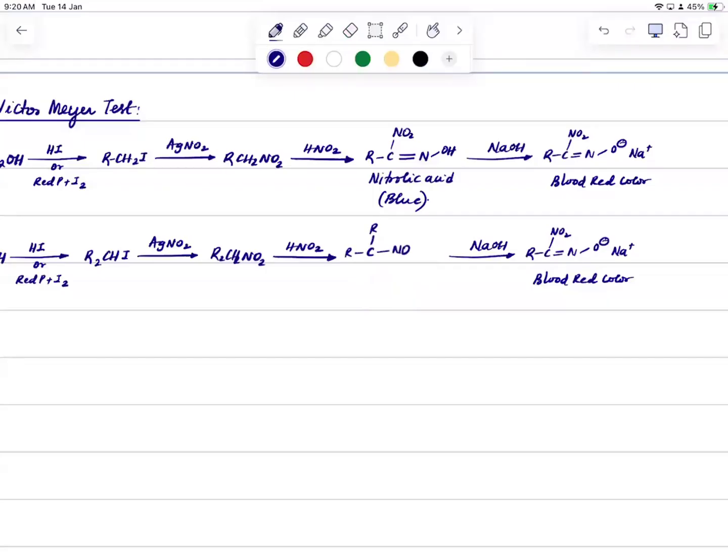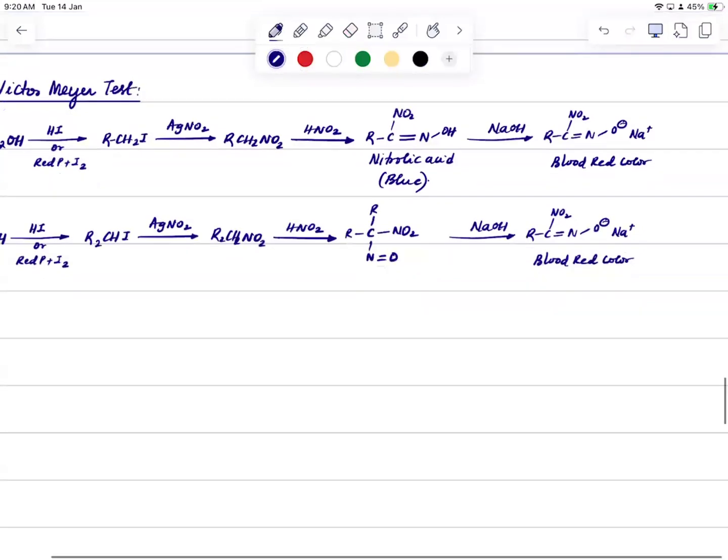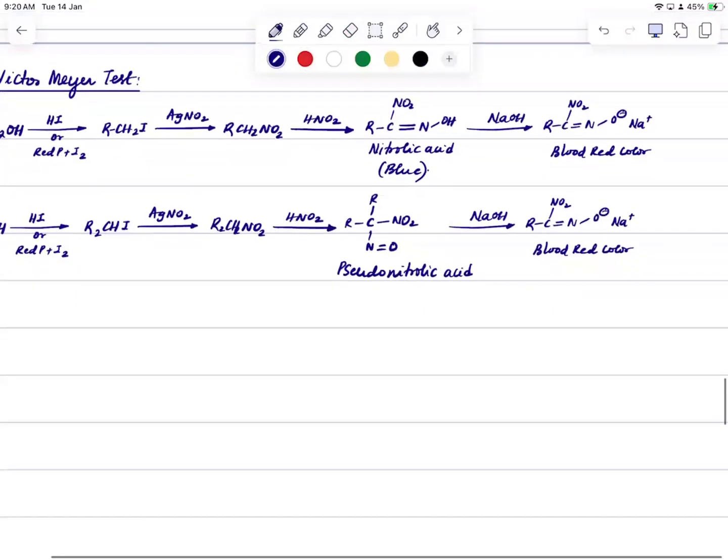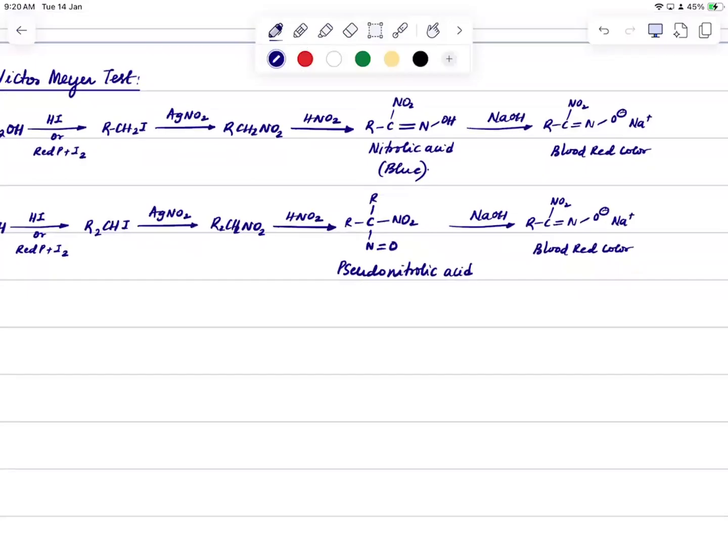So we will have one NO2, the other one is N double bond O, this one. Got it? Clear? So this is called pseudo nitrolic acid or simply pseudo nitro. Now when you react with NaOH, nothing will happen here.